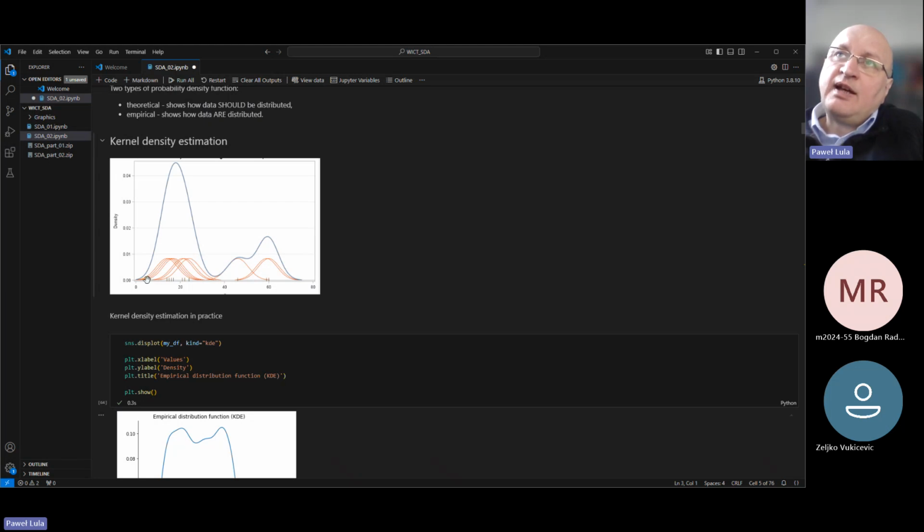After summing up all these values, the value which we obtain in this way is presented by this blue line.